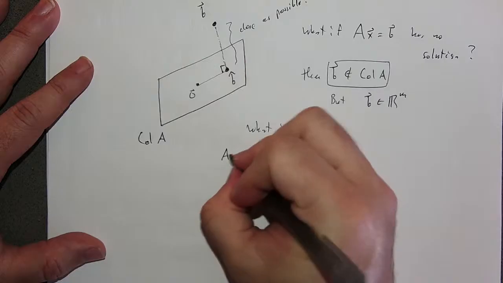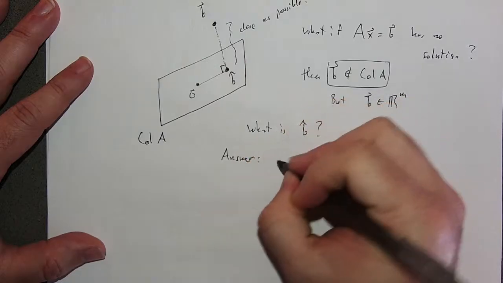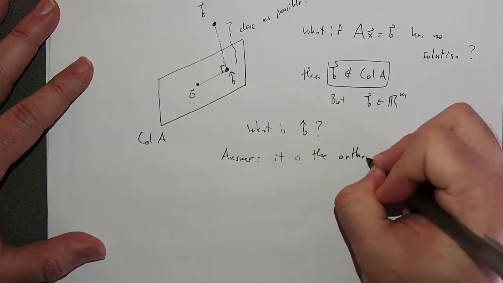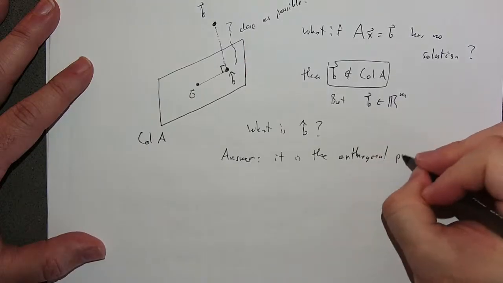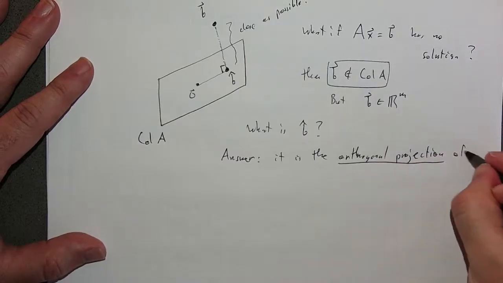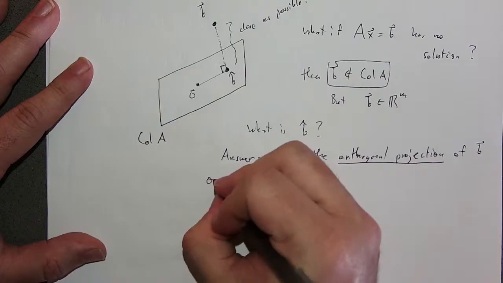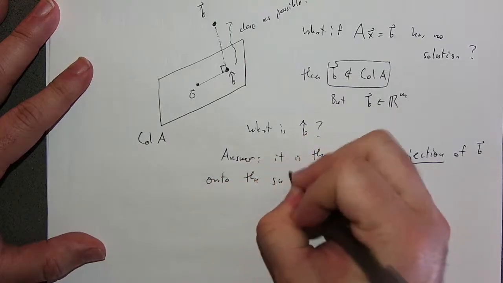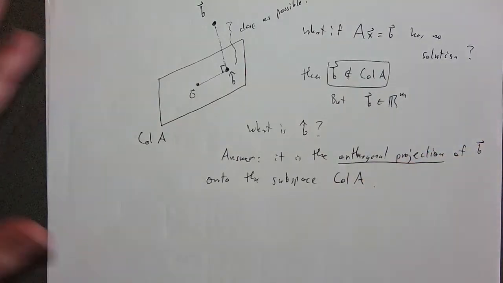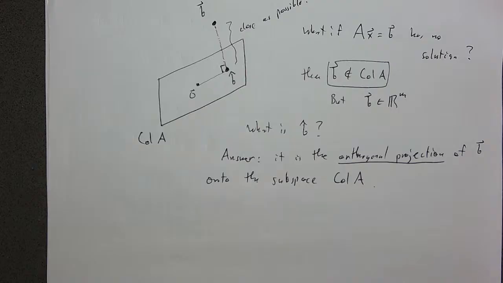And the answer is the orthogonal projection of B onto the subspace, call it A. Now, the orthogonal projection is something that we did in Math 240 or linear algebra, or even in Calc 3.